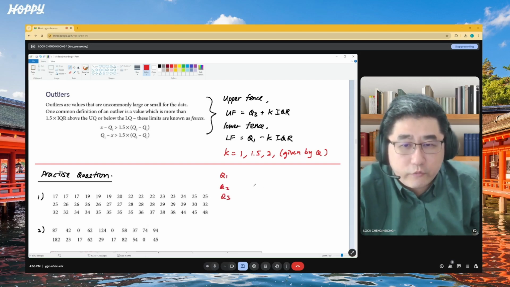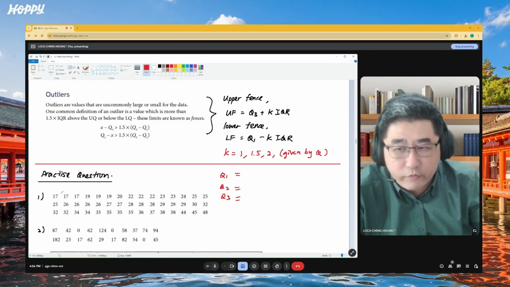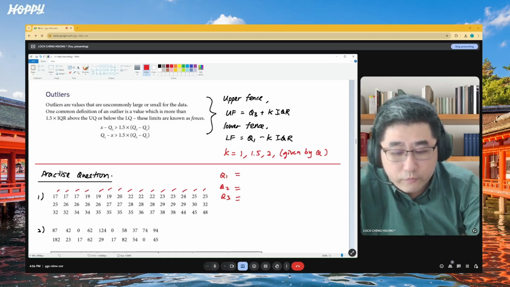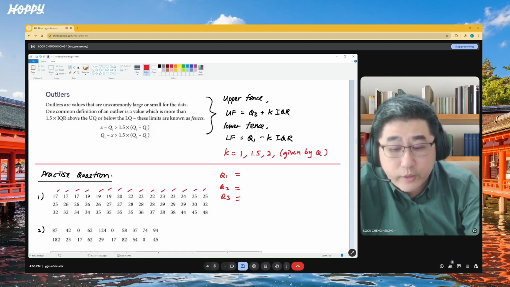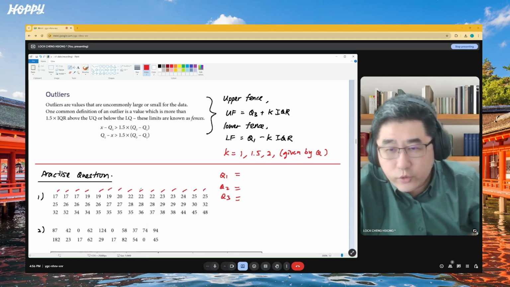First of all, let's see how many numbers I have here. 1, 2, 3, 4, 5, 6, 7, 8, 9, 10, 11, 12, 13, 14, 15. So 15 times 3, so 45, divided by 2, I have 22.5. So I separate the data into 22 and 22.